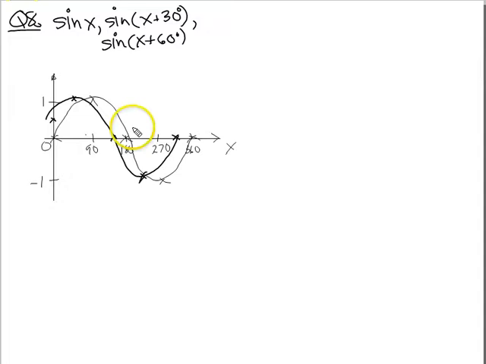Again, a thicker pen. Now what happens here? Well, at minus 60 I would have got the 0 value, so that would be back here, wouldn't it? And then at minus 30 I'd have got that value. So the 0, I'd get sine 60. So it would be high.